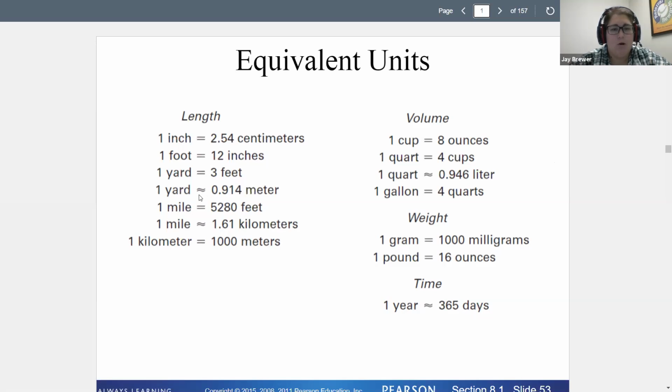Notice that the parts where they have the approximations, those are approximations because there's some fluctuation there based on the equivalent fractions. And obviously you have to keep in mind that for a year we go with 365, but every 4 years we of course have 366 because of leap year. So that's why there are approximations.